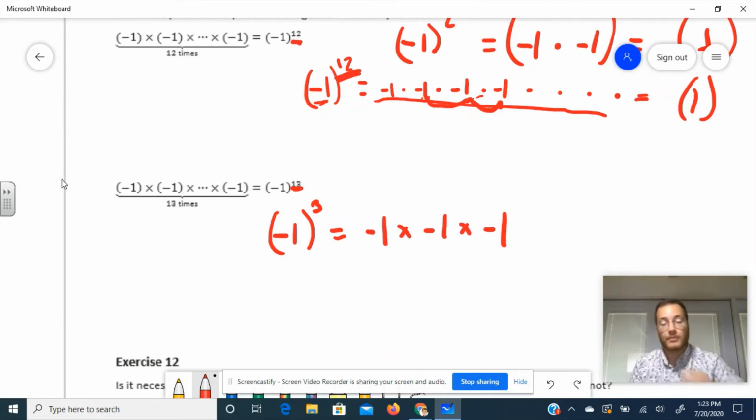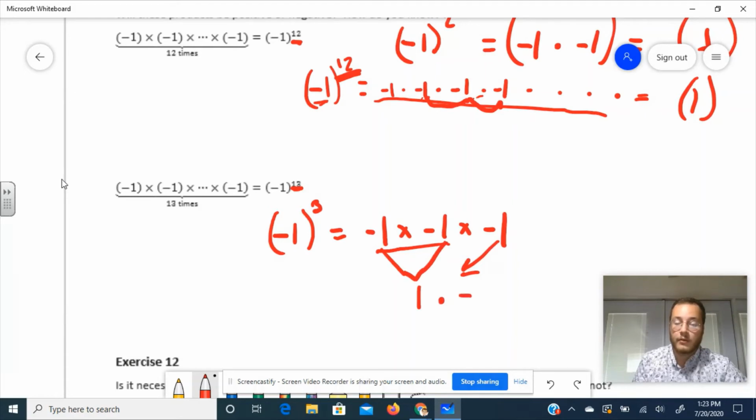So let's multiply that. Negative 1 times negative 1 is going to equal what? A negative times a negative is a positive, so we have positive 1. And then I still have to multiply it by this negative 1 over here. So I have 1 times negative 1, and we know that 1 times 1 is 1, but whenever you multiply by a positive number and a negative number, the answer will be negative.